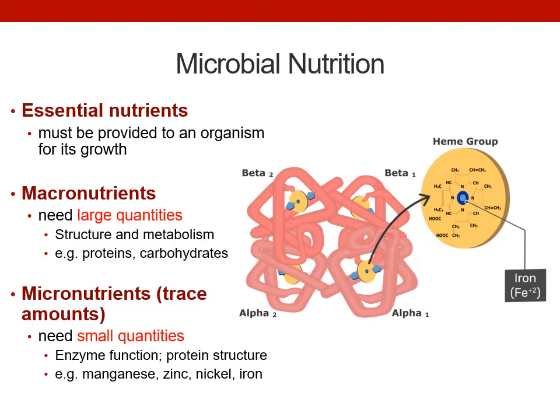Although micronutrients like manganese, zinc, nickel, and iron are required in trace amounts or small quantities, they are extremely important for the function of certain enzymes and to help maintain the structure of some proteins. Pictured here is the hemoglobin protein, which requires the micronutrient iron to function properly.